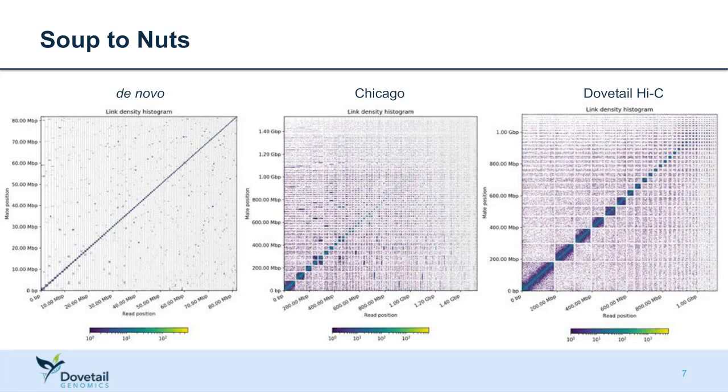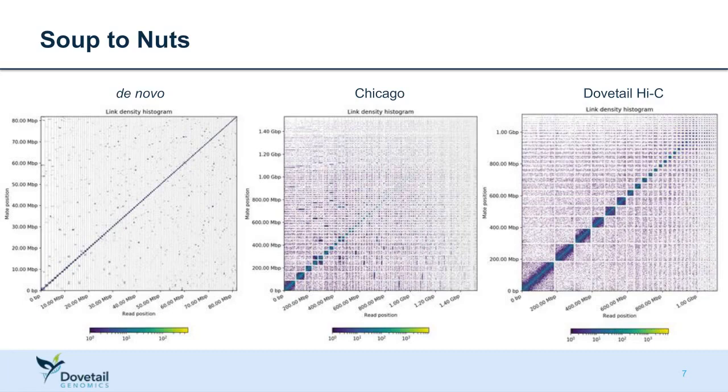This is very expected, because when you do a de novo assembly, the scaffolds are very small, which is why it doesn't cover a lot of the x-axis. And when we move on to Chicago, the x-axis boxes actually get bigger. So in this case, a lot bigger. And when we move all the way to Hi-C, it's even much bigger.